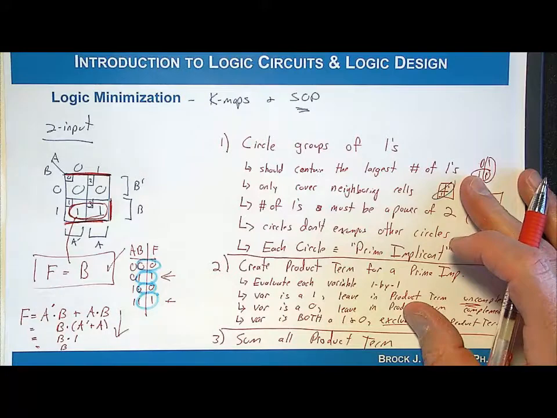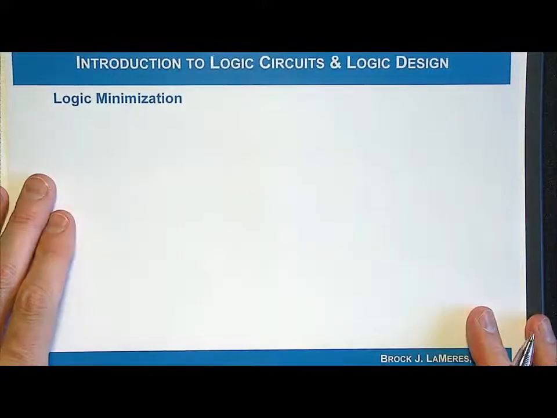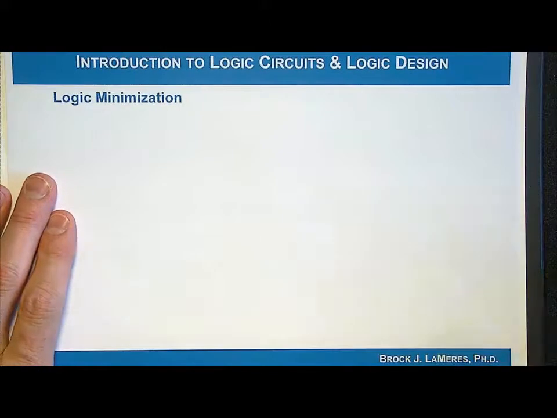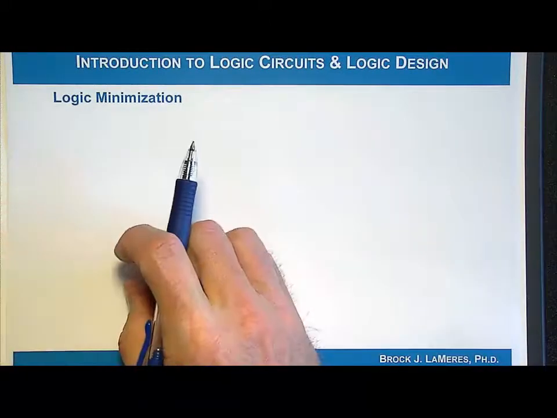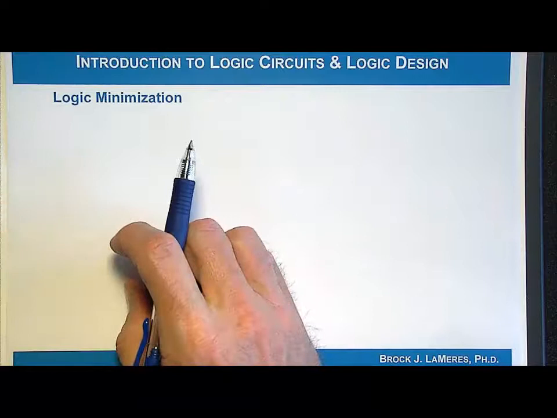Okay, so now that we know how to do it, let's do two more examples. Let's go back to a 3-input Kmap, and we'll just walk through the variables one by one.